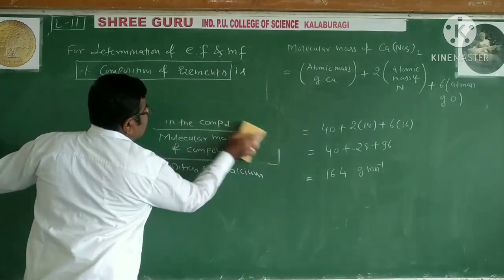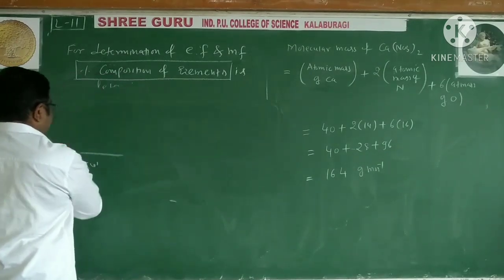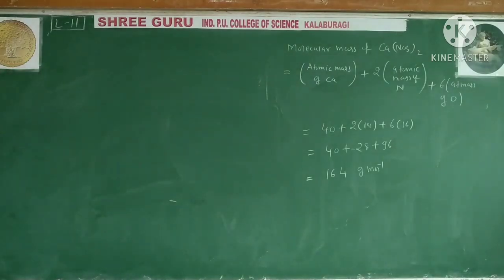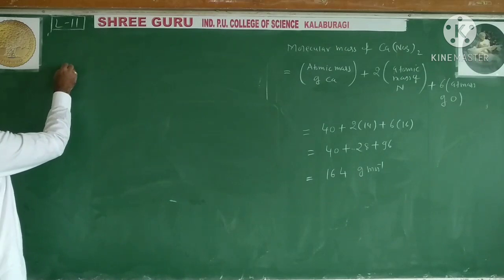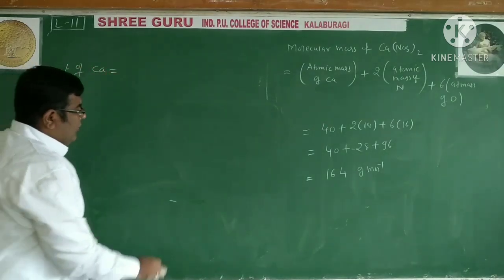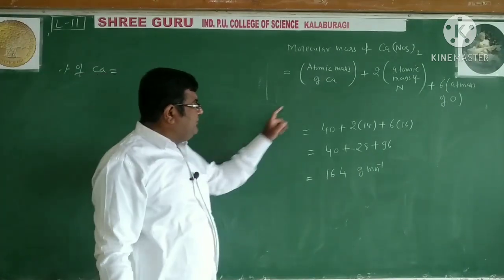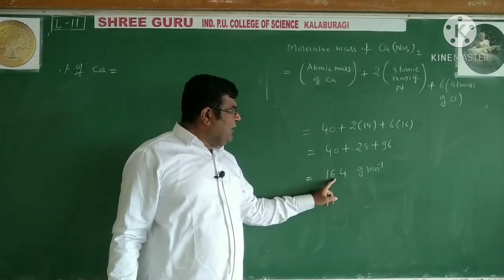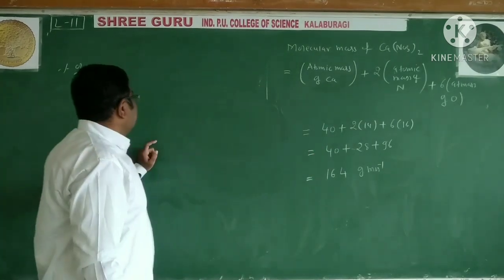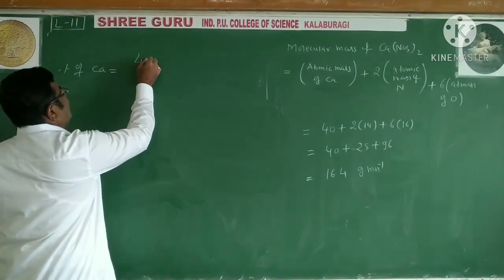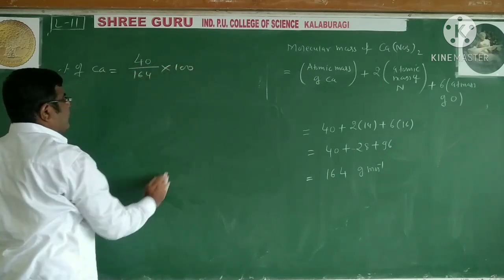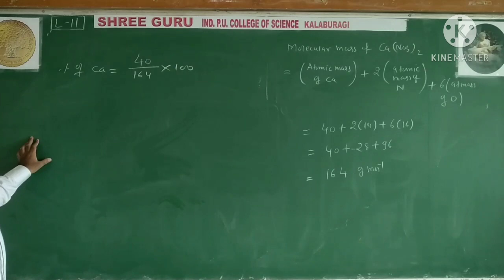Now we can calculate the percentage of every element present in it. So percentage of calcium is equal to, what is the contribution of calcium in this 164 gram? It's 40 gram, because that is its atomic mass. So it is nothing but 40 divided by 164 multiplied by 100.